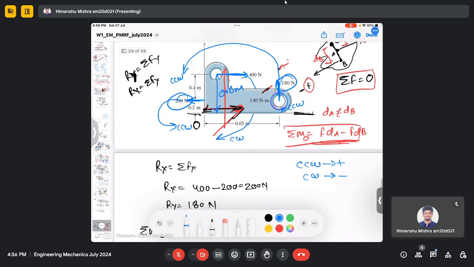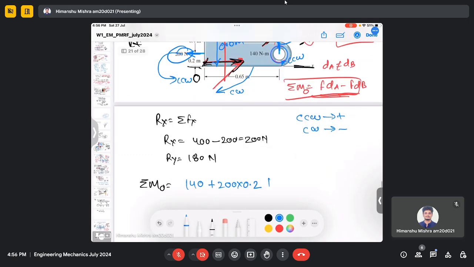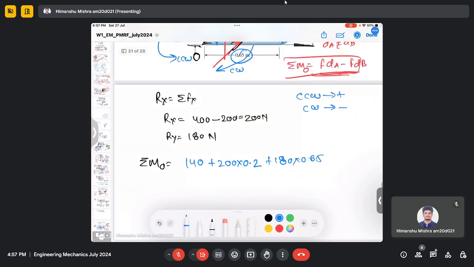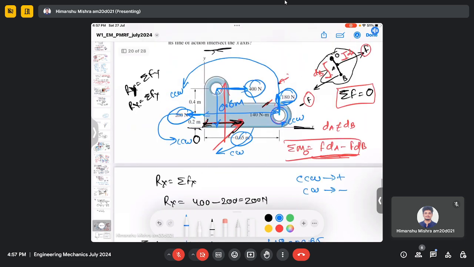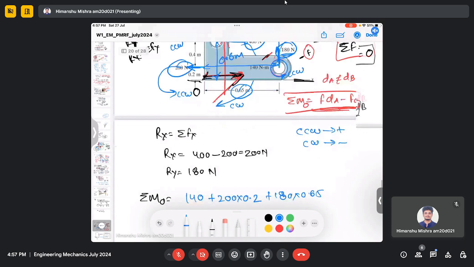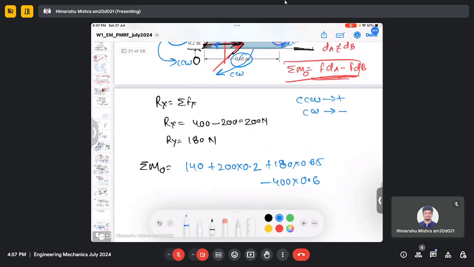Then this force, 180 multiplied by the perpendicular distance, and for the 180 Newton force the perpendicular distance is this, which is 0.65 meter. And then this force, which is in the clockwise direction, about 0.2, so minus 400 multiplied by 0.6, and it is equal to Ry times d.